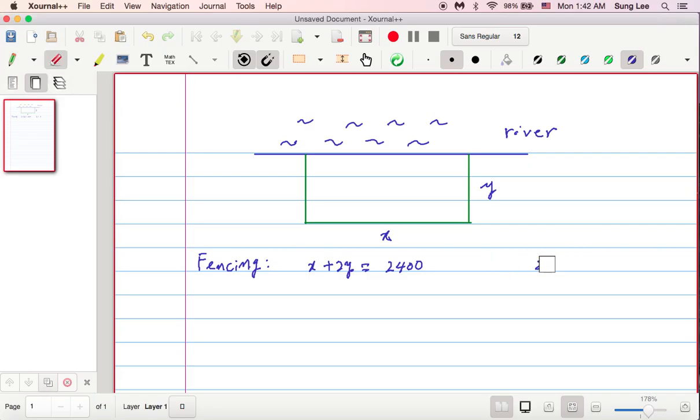If you solve for y, do we have to solve for y, by the way? You don't have to. You can solve for x, and then you will end up getting a function of y. It works one way or another. But in my case, I prefer to have a function of x, so I'm going to solve this equation for y. So we have y equals 1200 minus x over 2.